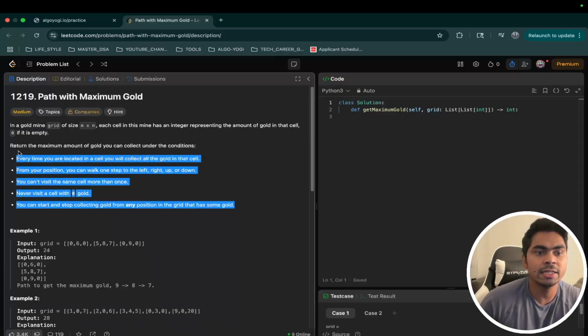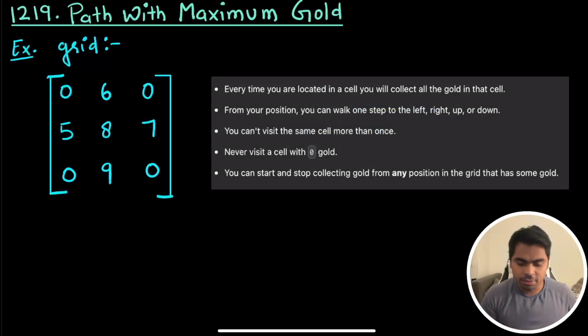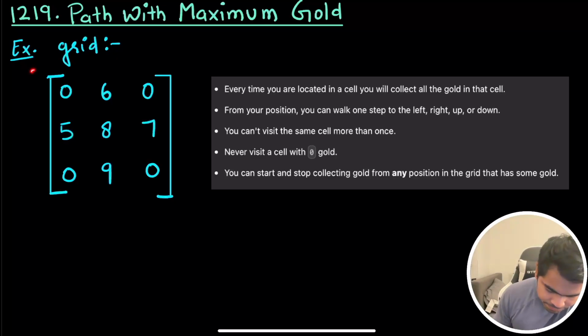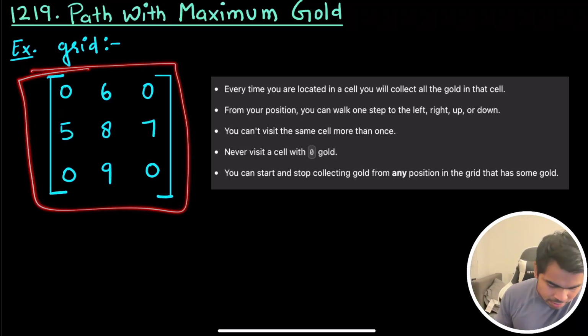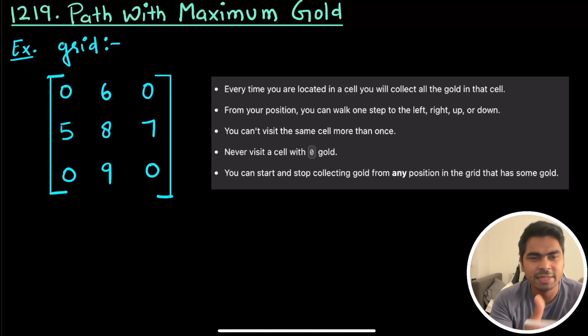So these are the conditions. Let's go over these conditions with an example. I'm sure you have already been through the description and examples and everything. Let's just clarify what the problem is asking us. We are given a grid which has these integer values. 0 represents that there is no gold, but then 6 can represent maybe 6 gram of gold or 6 kg of gold.